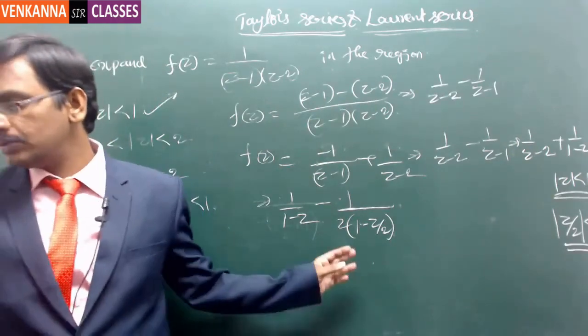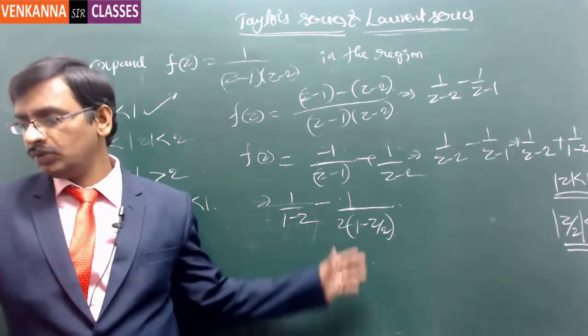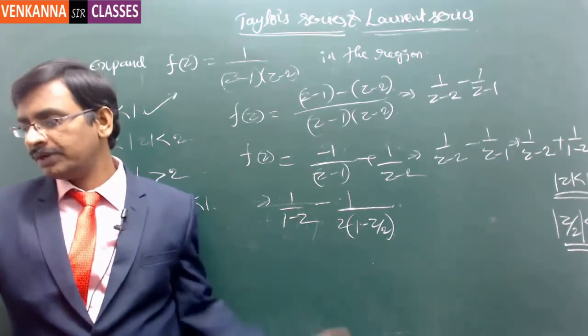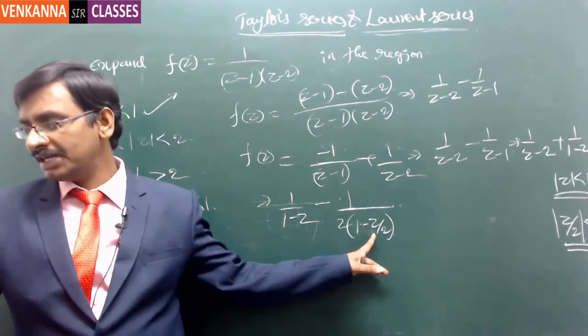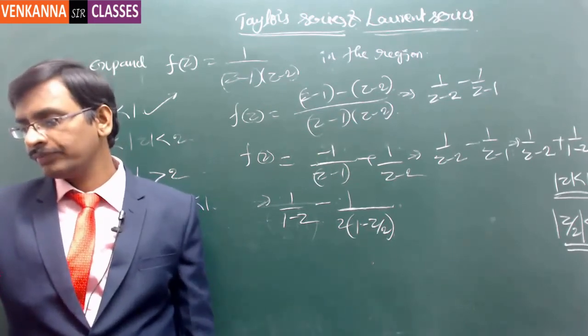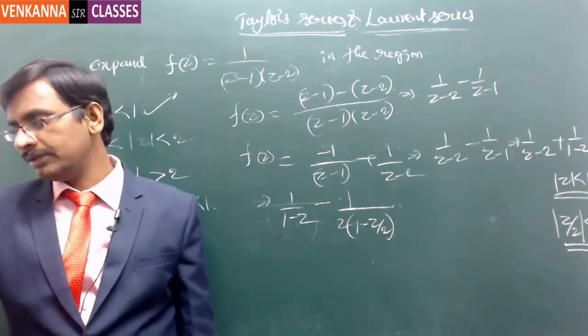Is this understood? I hope you understood why I have written in this format. I have taken 2 out and then I have written 1 by 1 minus z by 2. Why have I written this way? Rather I should have kept 2 minus z, right?